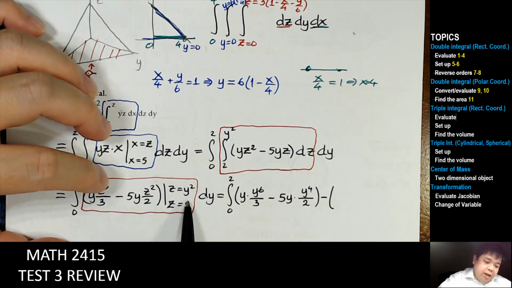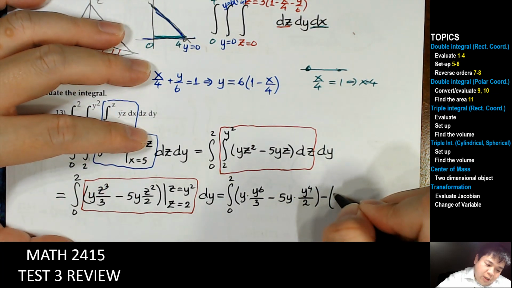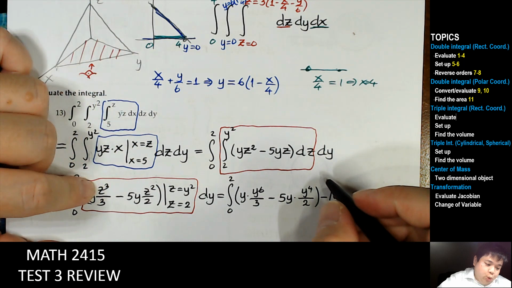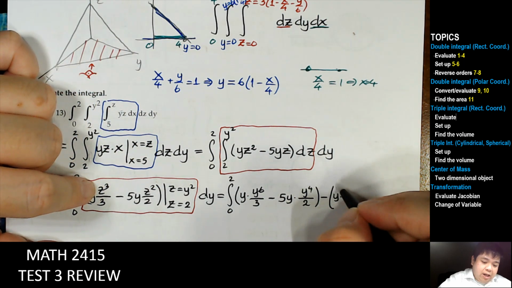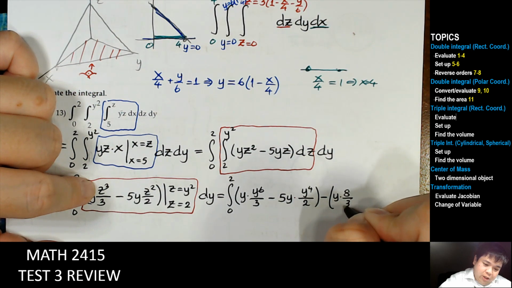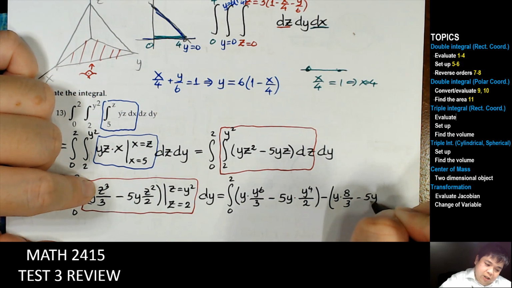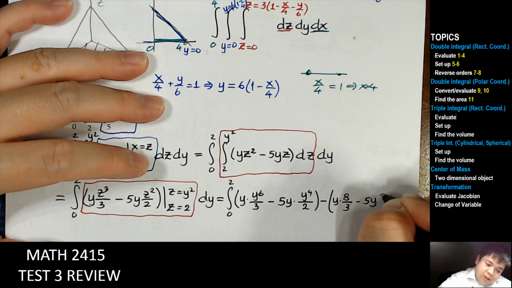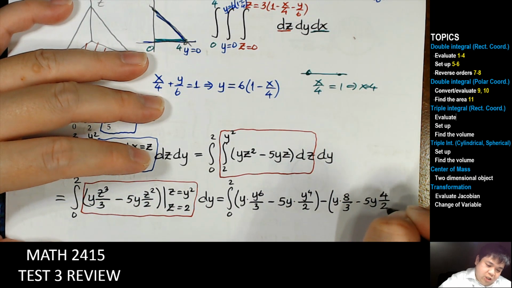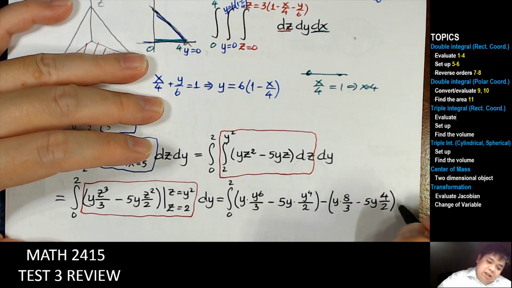Subtract. Now put 2 in here. Y times 2 cubed is 8 over 3, minus 5y times 2 squared, which is 4, over 2, which is 2, so we have that. And then dy.